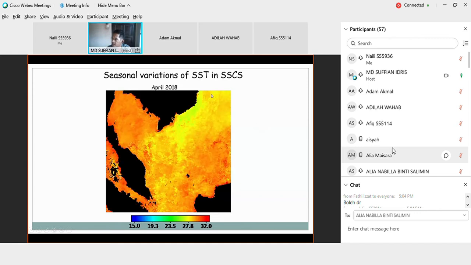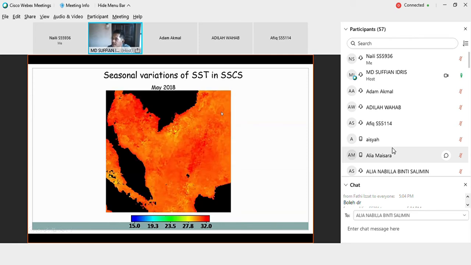Then April and May, we know that the surface temperature is the highest. In May the temperature can reach up to 32 degrees Celsius for the whole area. Why?